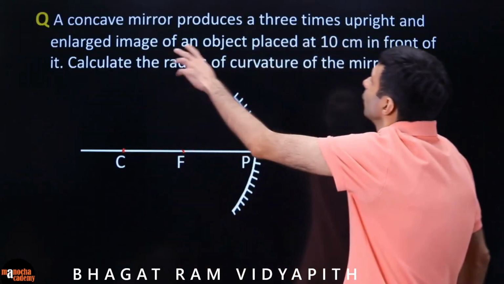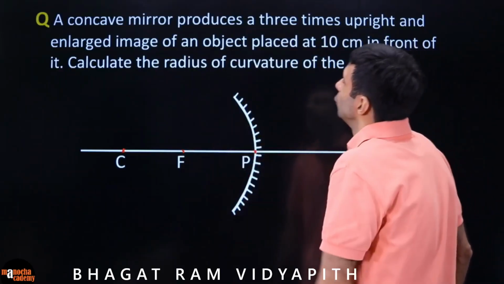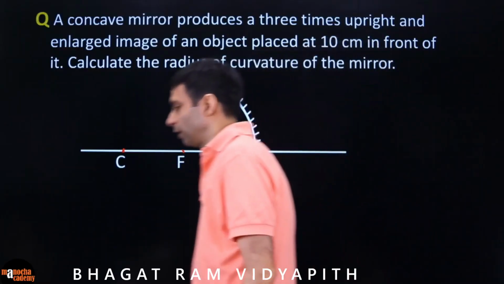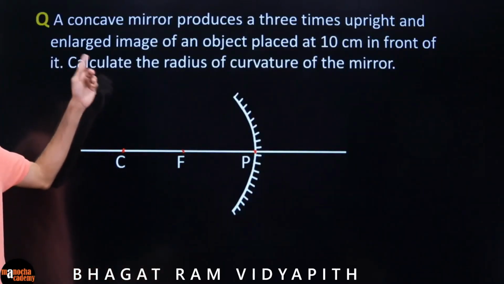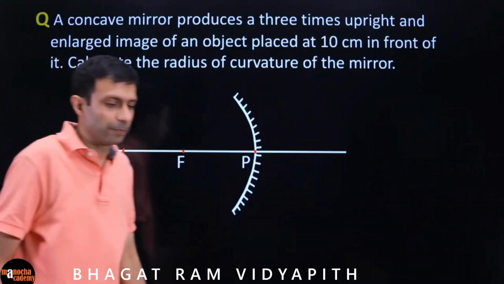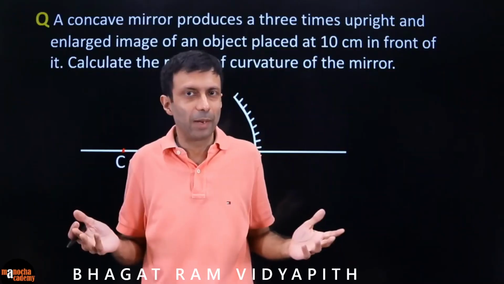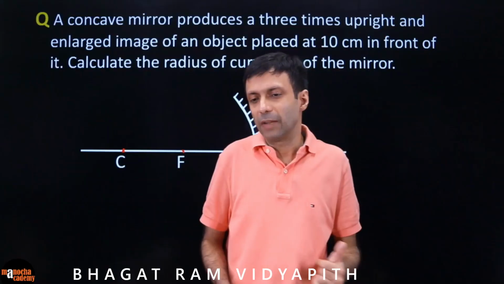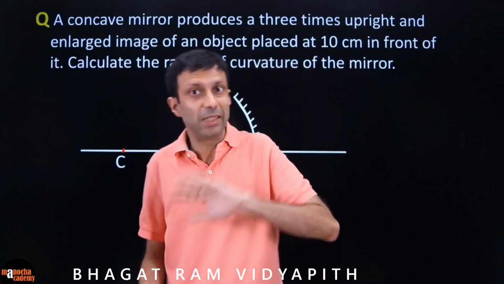What does it say? A concave mirror produces a 3 times upright and enlarged image of an object placed at 10 centimeters in front of it. So when does a concave mirror produce an enlarged and upright image? Can you guys tell me? So maybe we can use our case knowledge. Of course, you can draw a rough diagram without thinking about that, but it helps to think. So when does a concave mirror produce an enlarged image which is upright, which means it's not inverted?